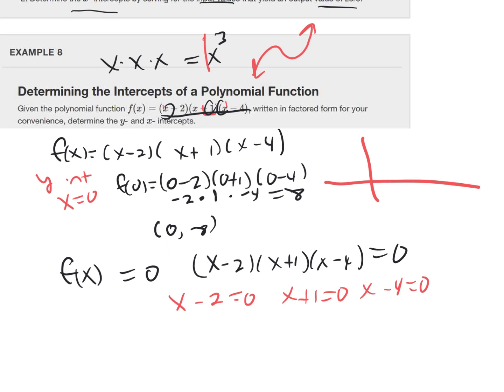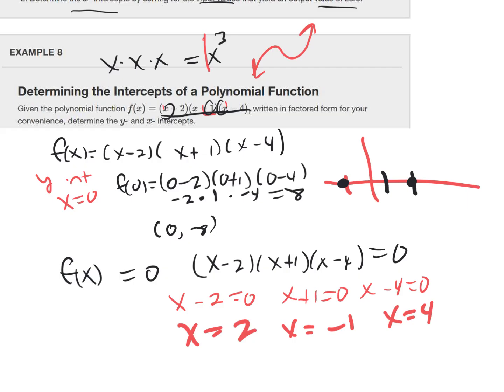So what is one of them? X is a 2. So that dot goes 1, 2. That would be right here. What's the other one going to be? X equals a negative 1. That one will be over here. So that would be a dot right here. The other one, add 4 to both sides. X is 4.